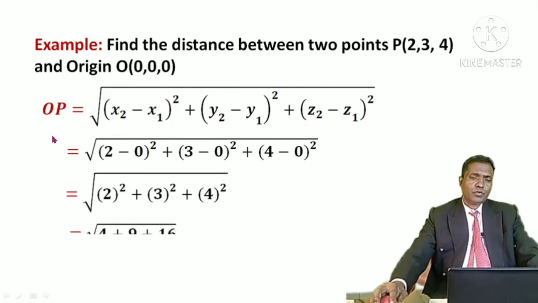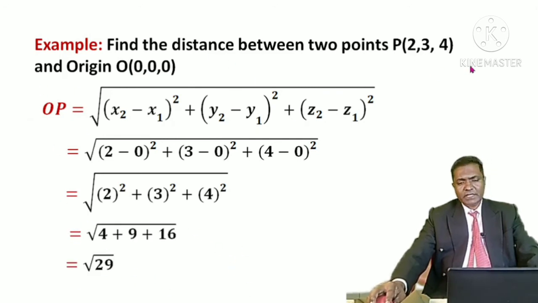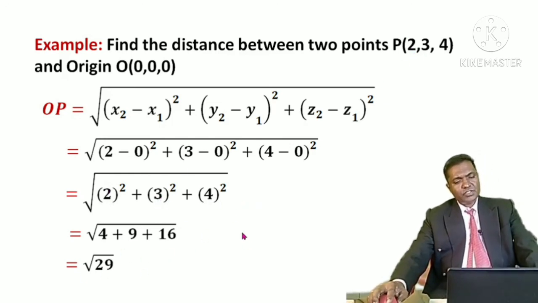So the distance OP is given by this. Whenever you require the distance between O and some other point, you just write under root the sum of the squares of the coordinates of the point P, that is 2 square, 3 square, 4 square. So this is the distance OP.